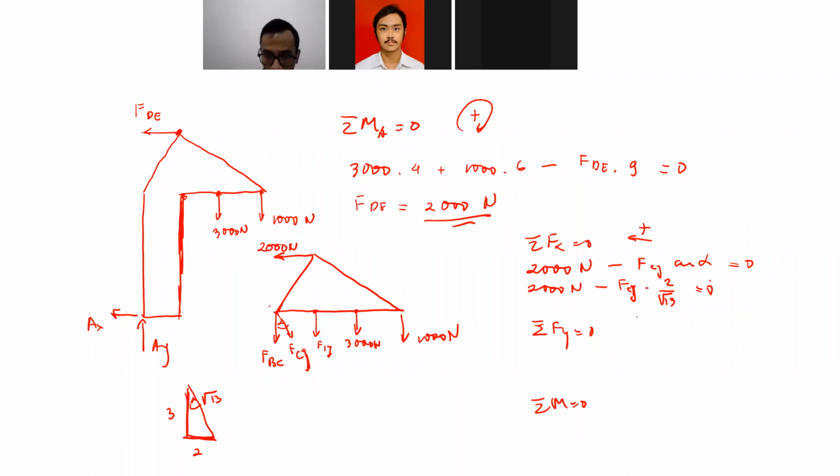So we will know the value of FCJ then. FCJ is equal to 2,000 multiplied by square root of 13 divided by 2. 3605.55.